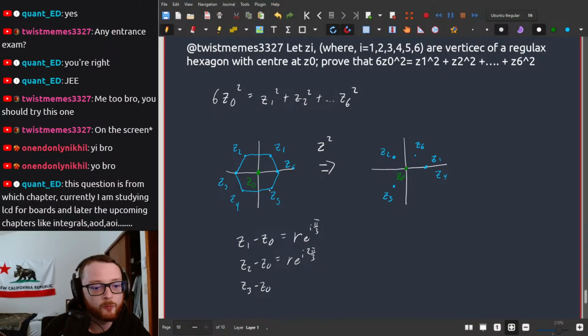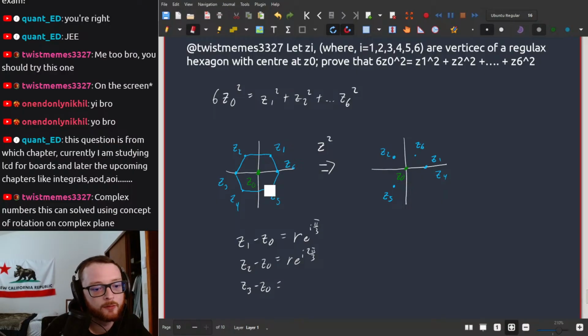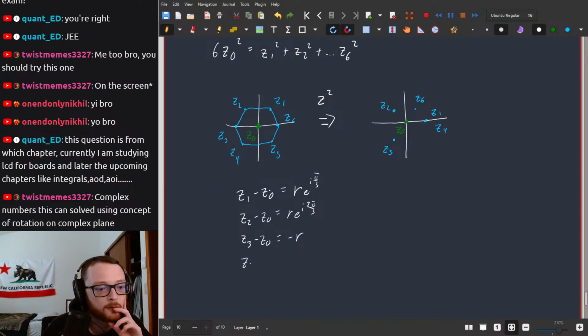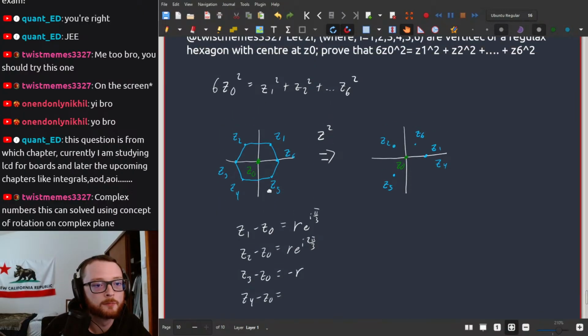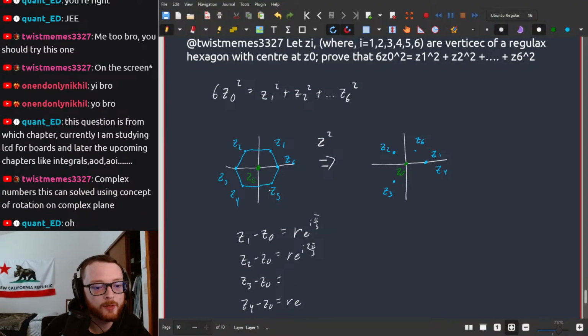We might just end up squaring these and adding them all up. z3 is -1, or negative r. I mean, really, we should probably keep it as r e to the i pi.